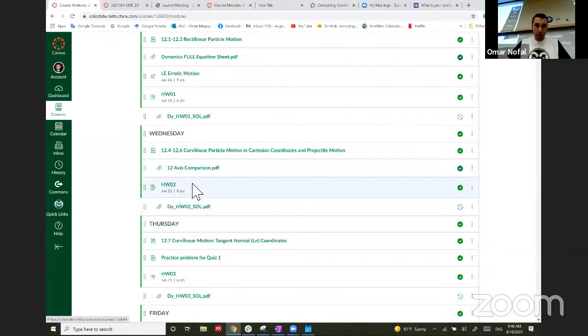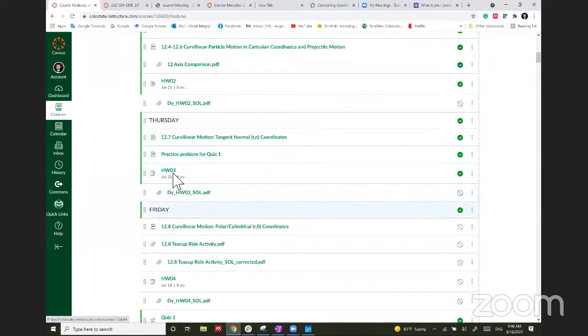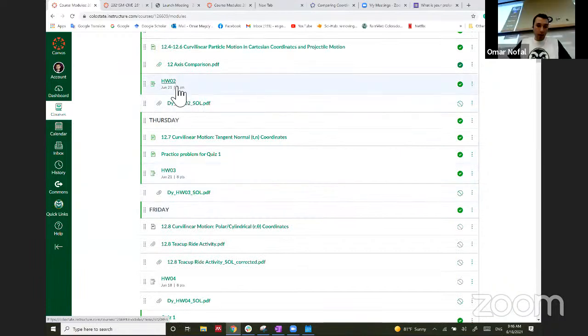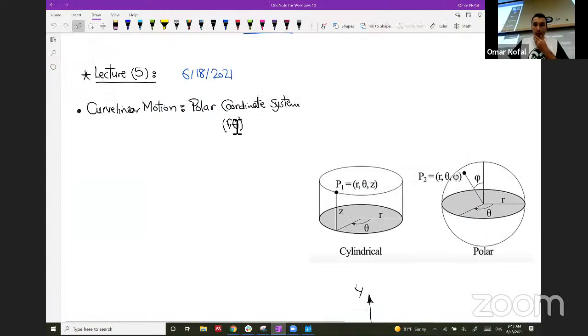It's a 2-problem homework, and homework 3 is also 2 problems. Each problem shouldn't take more than 15 to 20 minutes, so it might take less than this. So I think you will be able to solve homework 2 and homework 3 based on the knowledge from the last 4 lectures. So does anybody have any questions so far before I start our new topic?